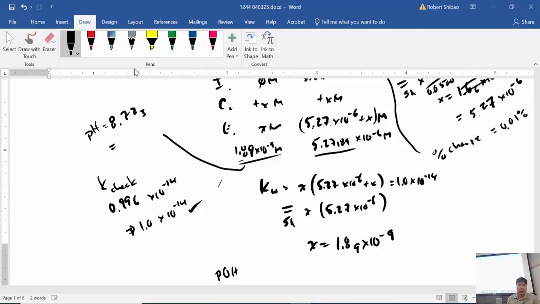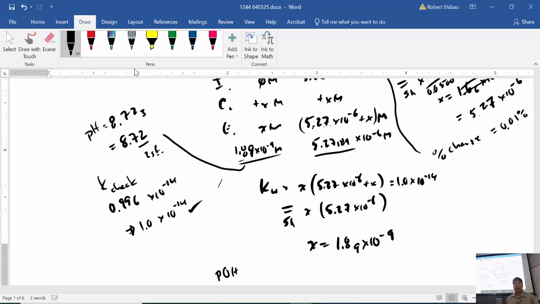And so rounding this to 2 sig figs, what would it round to? 8.7 or 8.72 to 2 sig figs? 8.72. 8.72 is 2 sig figs. And the reason is anything preceding the decimal is not significant. It's just what we call the exponent or exponential term. And so this is 2 sig figs.